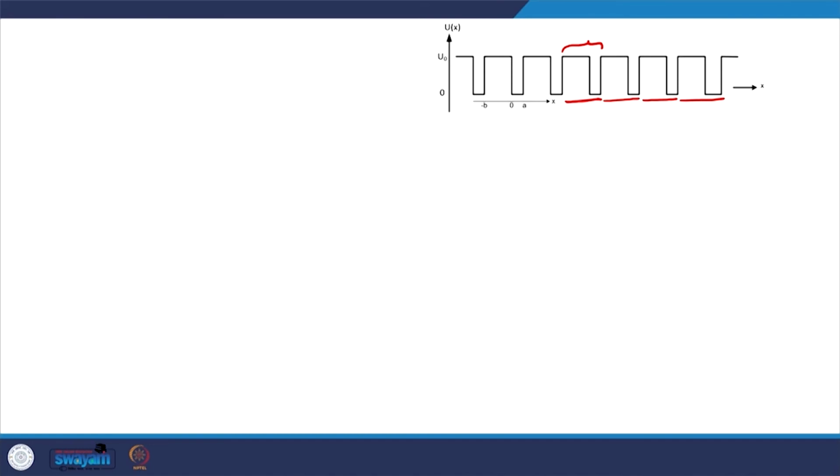But there is a rescue here, I would say, and the rescue is given by the so called Bloch's theorem. What Bloch's theorem says is that if a potential is repeating itself, which means if there is a periodic potential, then the wave function follows a certain pattern.